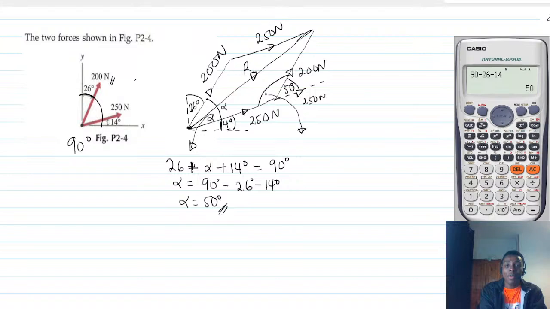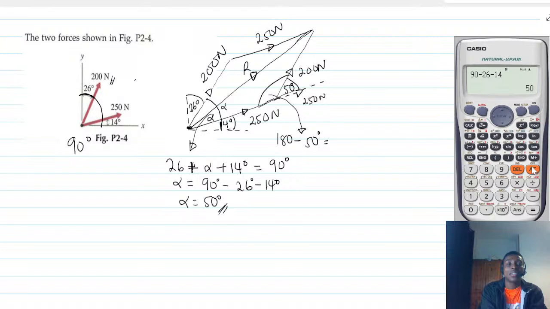Now that angle over there is just going to be 180 degrees minus 50, right? Why? Because the angle on a straight line will add up to 180 degrees. So we expect that the angle here is 180 minus 50 degrees.